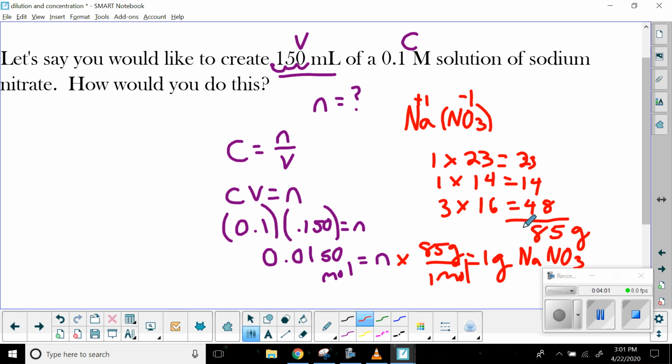And so to make this, I would take 150 milliliters of water, and I would stir into that 1 gram of NaNO3. And that's how I would make that solution of sodium nitrate.